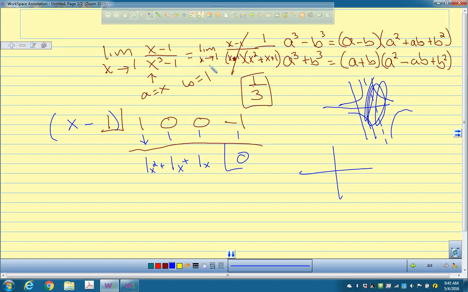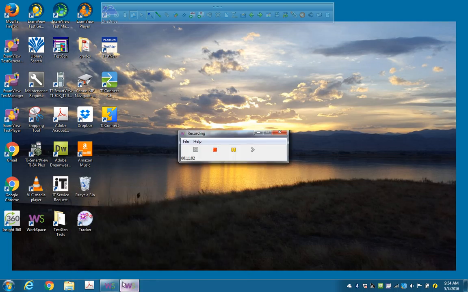Do you not plug in negative 1 as b? Because it says x cubed minus 1. No, it's just the root. No, because this factors to this, right? x minus 1 times that, and then the x minus 1's cancel. So you disregard the sign.